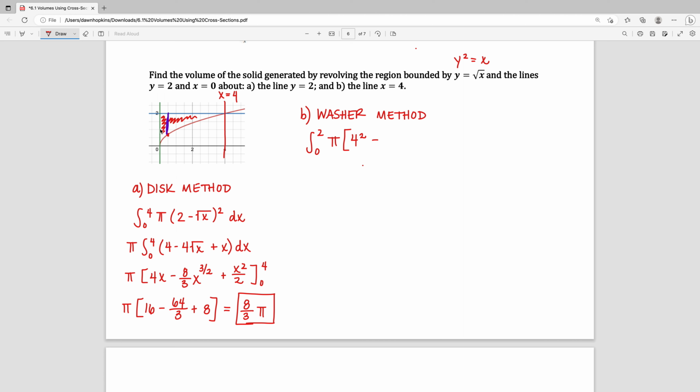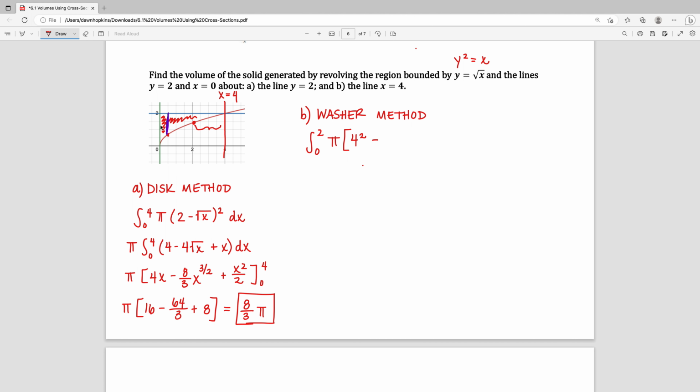The inner radius is going to be the distance from a random point on that curve to the axis of revolution here. So that's our inner radius. To find that inner radius, it's going to be 4 minus y squared, okay?